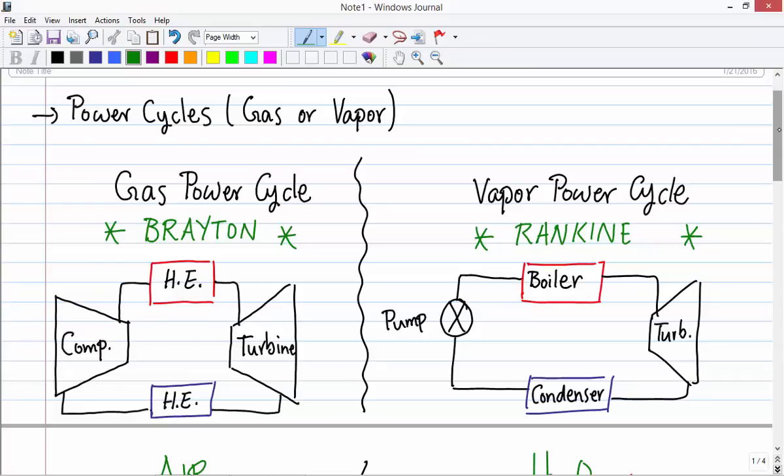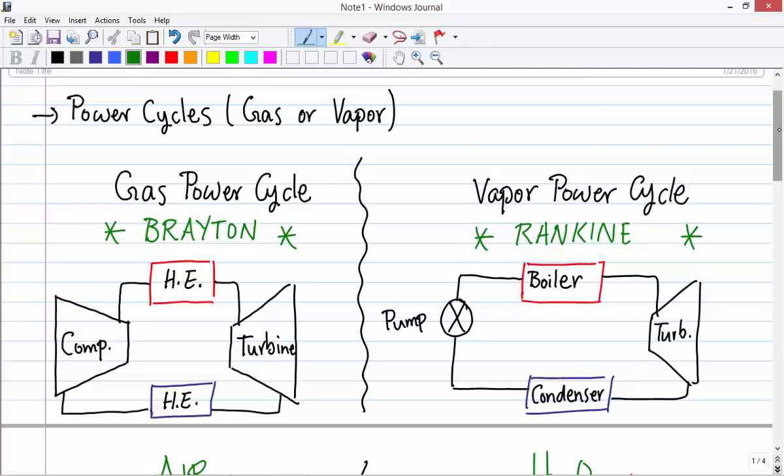It might be liquid, a liquid-vapor mixture, subcooled or compressed, and superheated. So there are different phases of this material in the vapor power cycle, which is called Rankine.